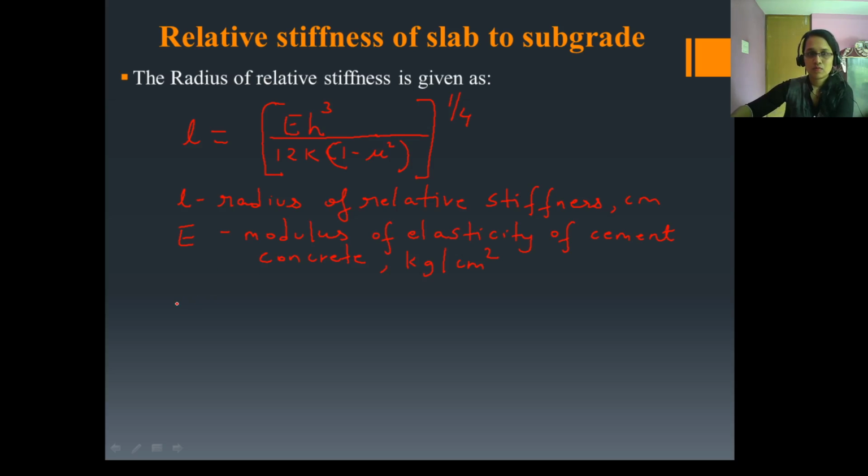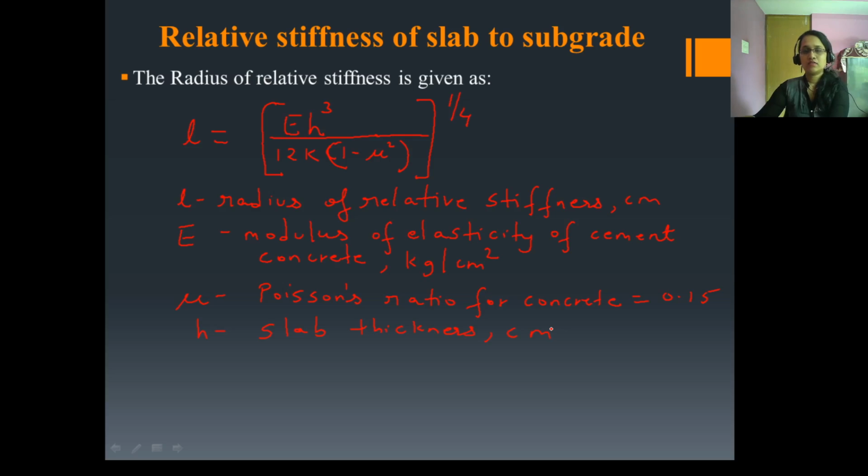H is the slab thickness. It is given in centimeters.